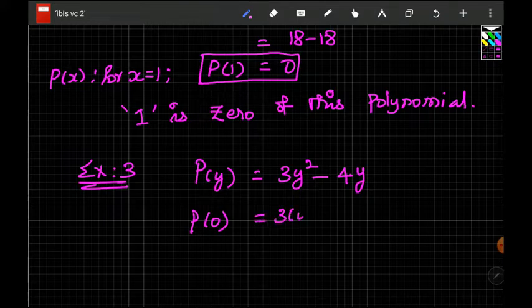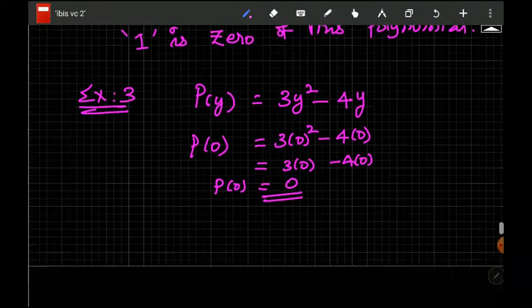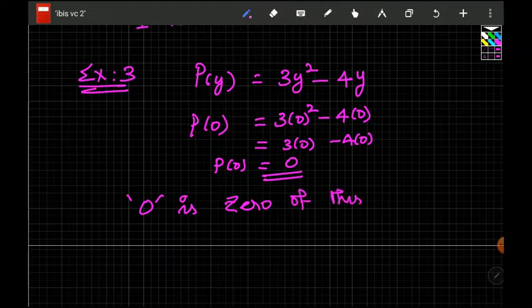So 3 into 0 square minus 4 into 0. 3 into 0 square is 3 into 0, minus 4 into 0. That is 0 minus 0, which is 0. So p of 0 is 0. Then here 0 is a zero of this polynomial.